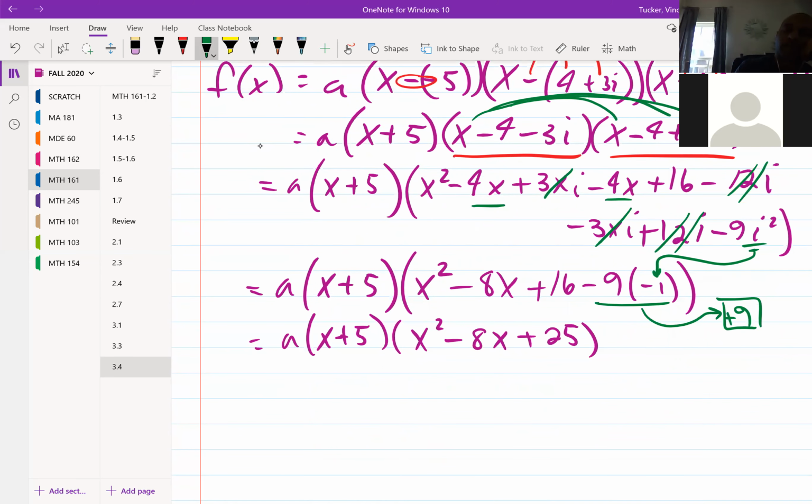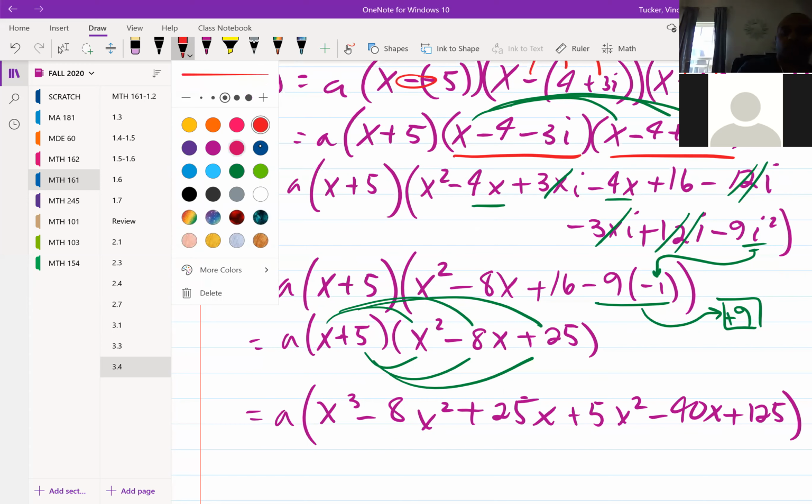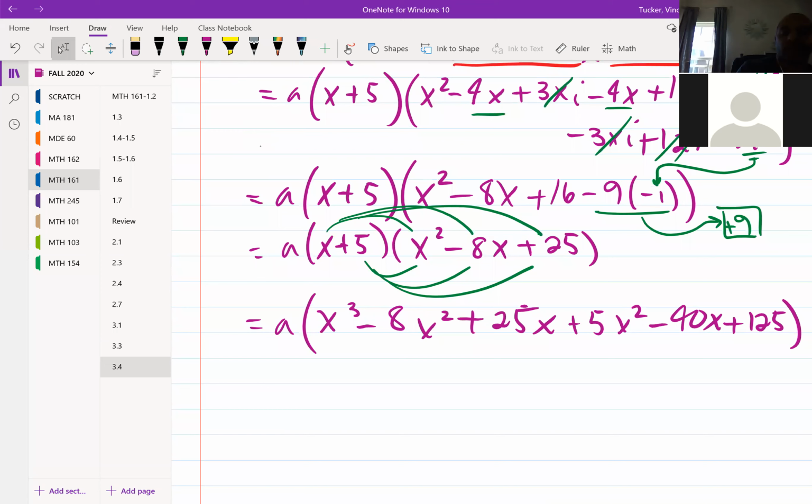All right, so now we're going to take x and distribute it. Take 5 and do our distribution. a is still out there. That'll be x cubed minus 8x squared plus 25x. Then 5x squared minus 40x plus 125. Combine your like terms.